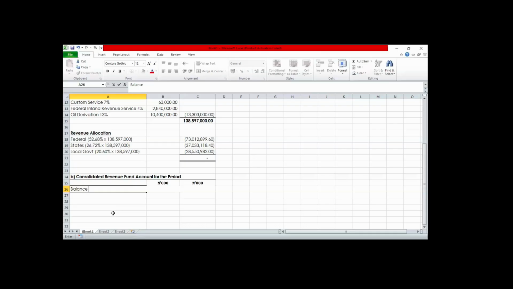Balance brought forward. Do we have any balance brought forward? No. Where we don't have, then revenue. What are the revenue items that are meant to go to the federal government account?